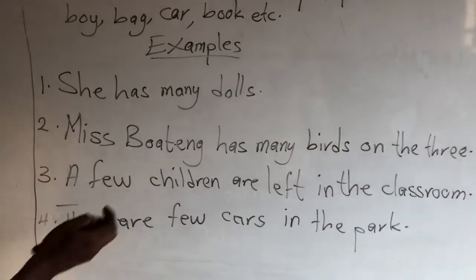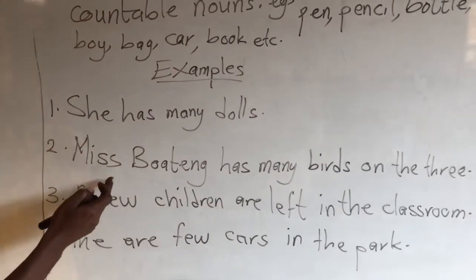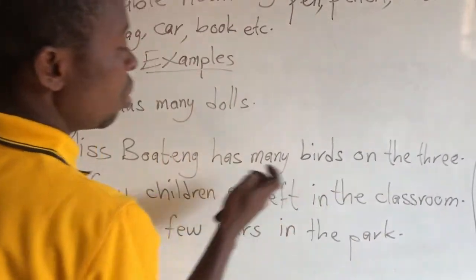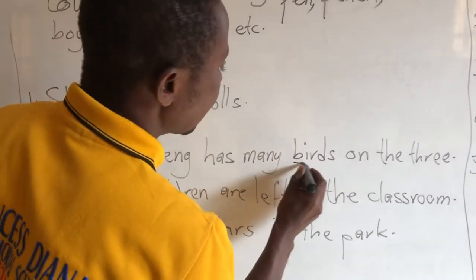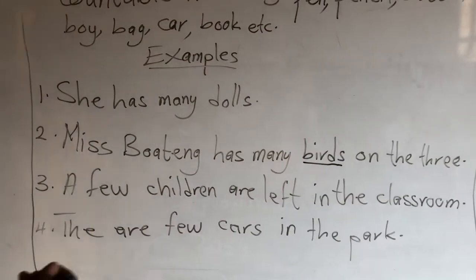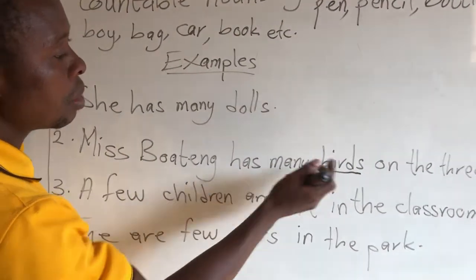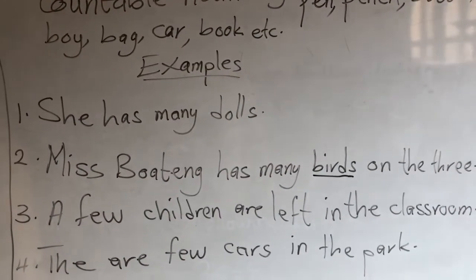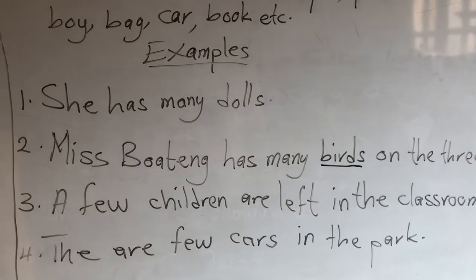Door is a countable noun. The Miss Button has many birds on the tree. Birds is a countable noun. How many birds do you have? I have 2 birds, 3 birds. So we use many for birds, because birds is a countable noun.